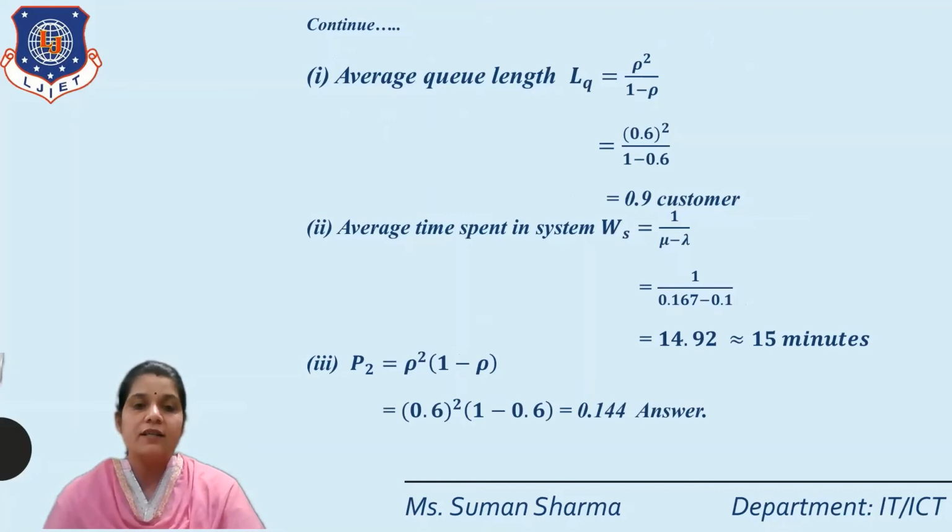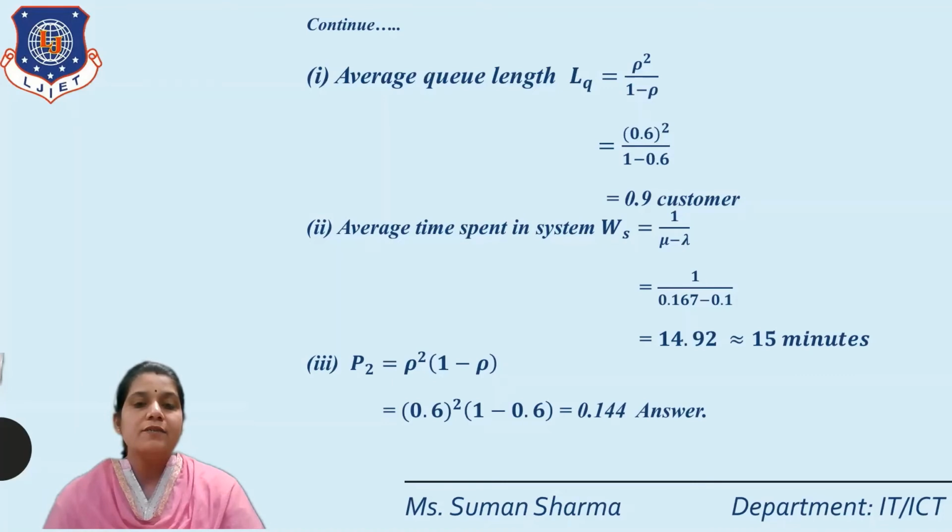So we write here P2 is equal to rho square into 1 minus rho. So we put the value of rho, which is equal to 0.6. So we put here 0.6 whole square in the bracket 1 minus 0.6 is equal to 0.144. That means two customers in the queue.